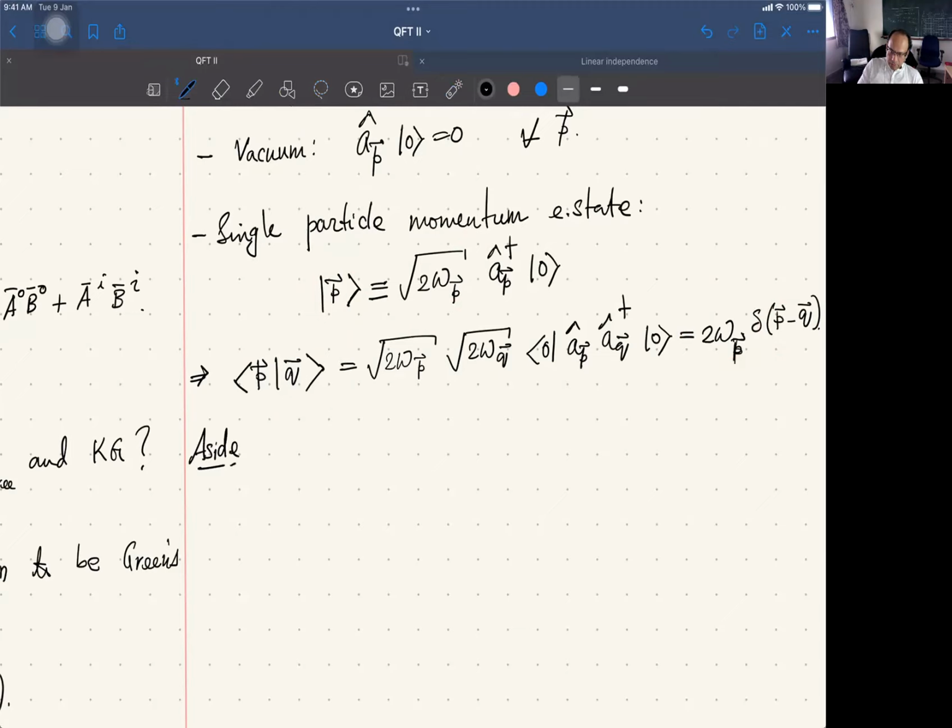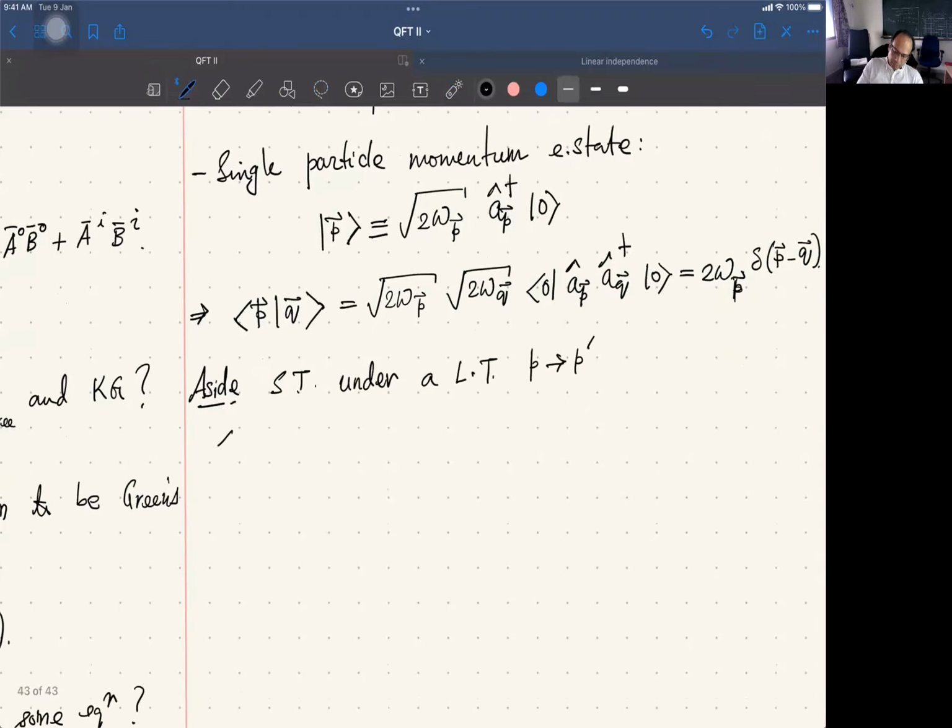And show that under a Lorentz transformation, p going to p prime, p vector q vector goes to p prime vector q prime vector, and that is same as pq.